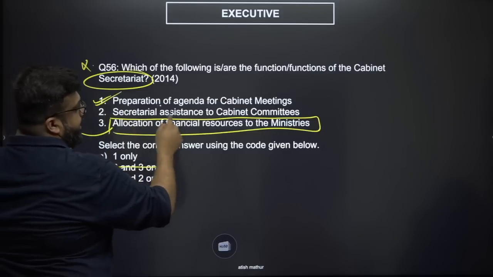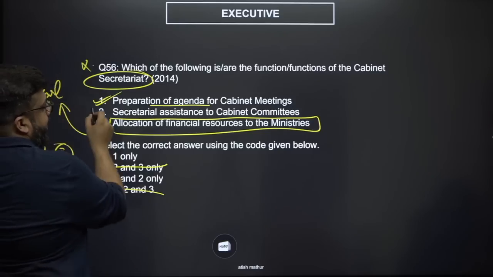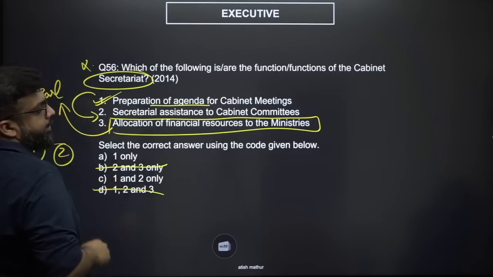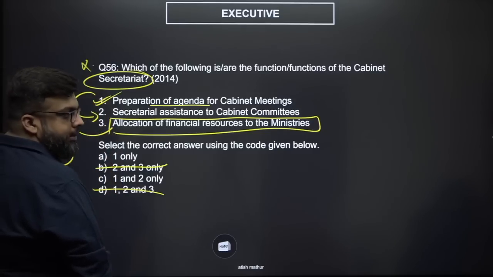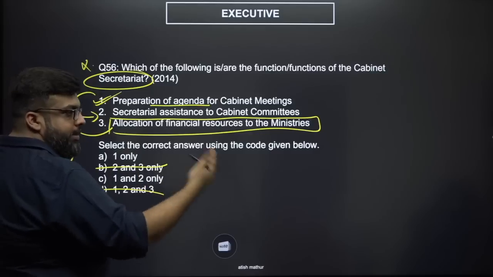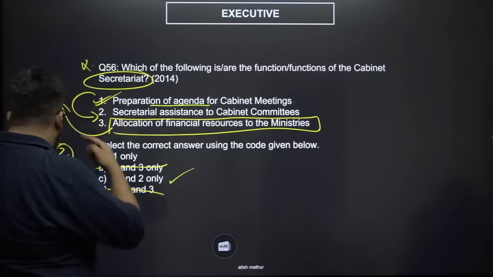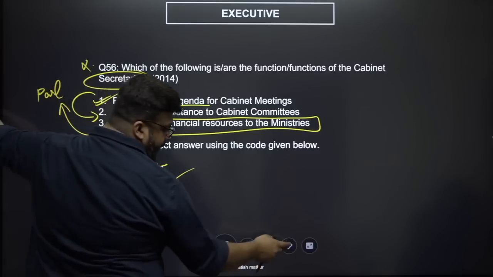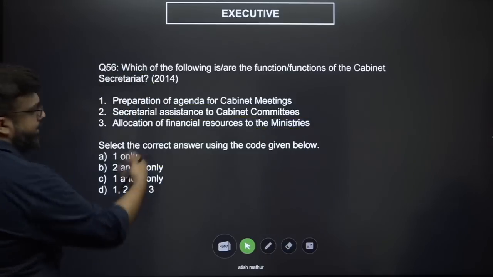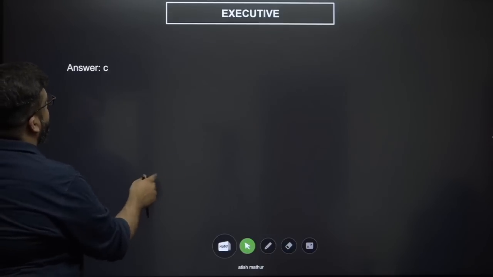If you can assist in the preparation of agenda, then can you also not provide administrative support to cabinet committees? Yes, it seems like a natural correlative function. So answer should be C, 1 and 2. Right? That's how you also have the Cabinet Secretariat service.